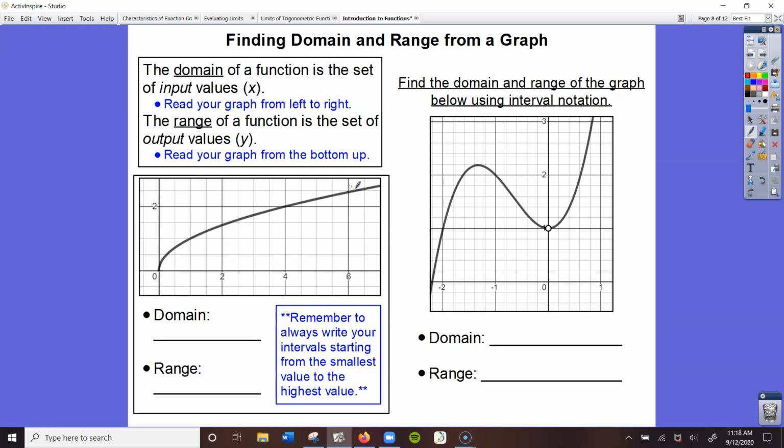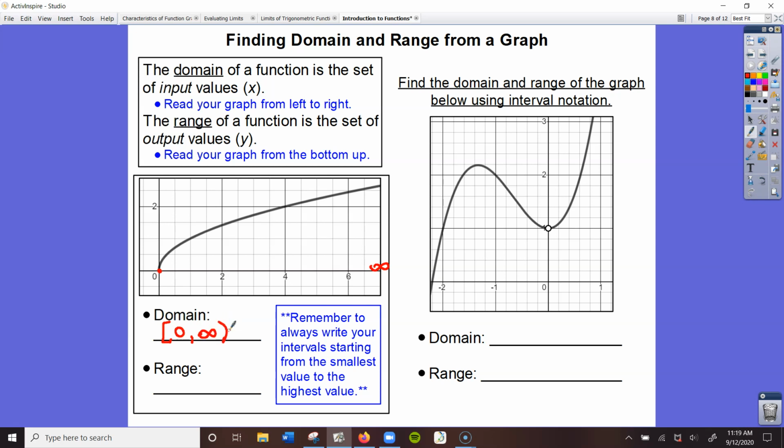So when we look here at this particular graph, for the domain, I'm going to look at the very smallest x value on my graph, which just so happens to be x is equal to 0. Since the function actually touches that coordinate, that means that we're going to include the 0. And then it opens forever to the right, and towards the right is positive infinity.